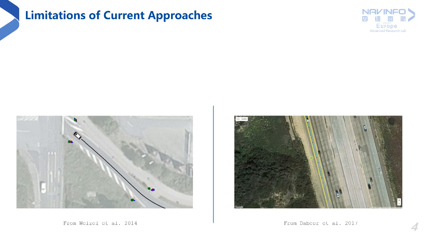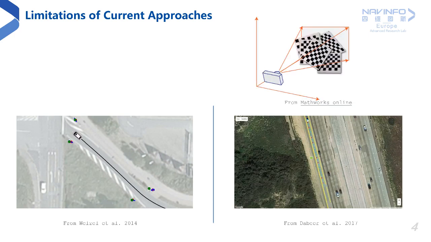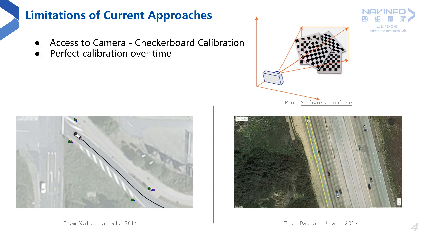Previous works, such as Welzel et al. and Dabir et al., assume access to the camera setup. In such a scenario, the camera parameters can be determined using checkerboard pattern-based calibration. It is also assumed that this perfect calibration does not change over time, which may not always be the case for low-cost setups.